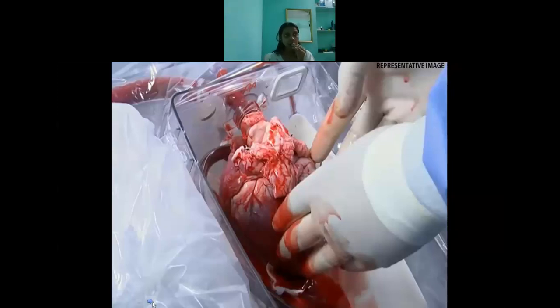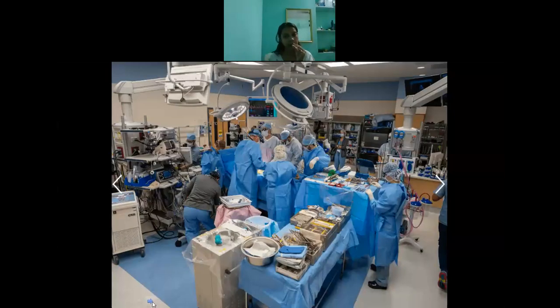Okay, like ECG, echocardiogram, all the major blood investigations and diagnostic procedures will be done. Okay, then other than that, this is just an image of the OT where they are performing the cardiac transplant.